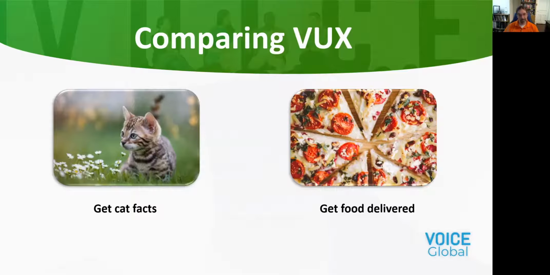But that's significantly different than a more complicated and arguably more useful scenario of getting food delivered or ordering a pizza. There are multiple components involved there that quickly become much more complicated than the simple cat fact example. In order to get the food delivered, you need to register an account with the restaurant or food chain that you're ordering from and have a credit card on file.